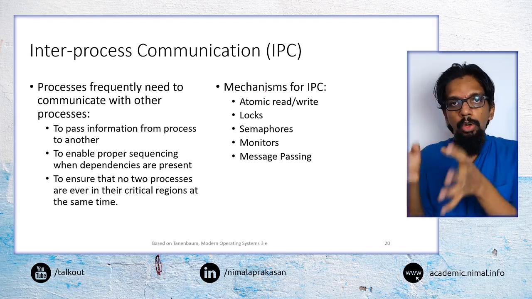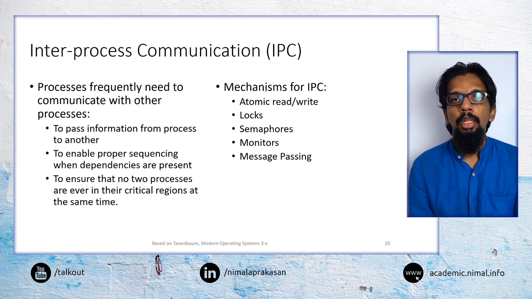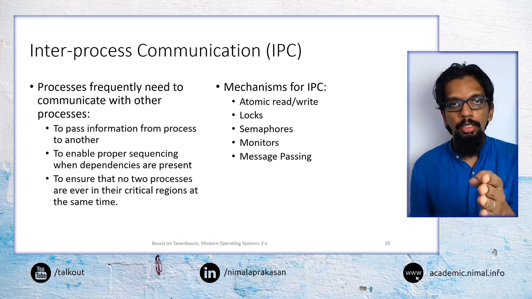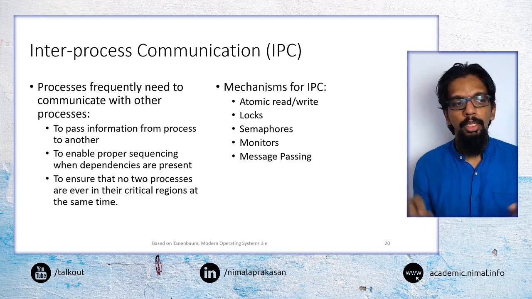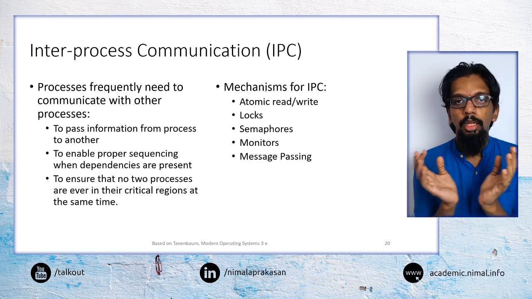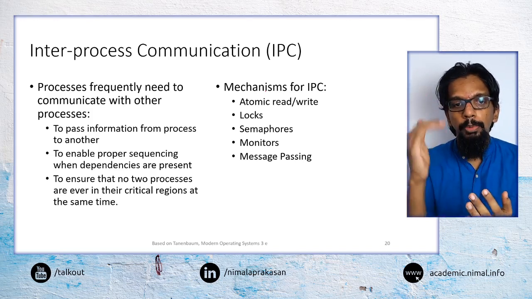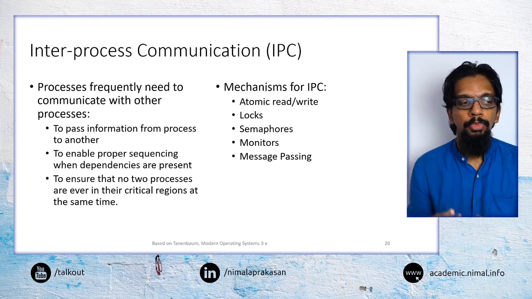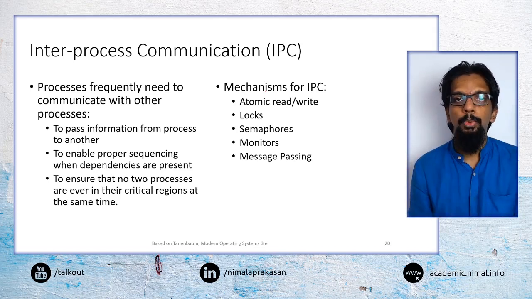Now we have gone into this concept of process, and when we have taken up this process concept, we are going to have some challenges compared to just running one task in a computer. If we are running one task in a computer and that is going to execute instructions one after the other, there is not a lot of issues with that. But when we think about multiple processes running, we may have some additional requirements. Sometimes these processes may need to communicate between themselves.